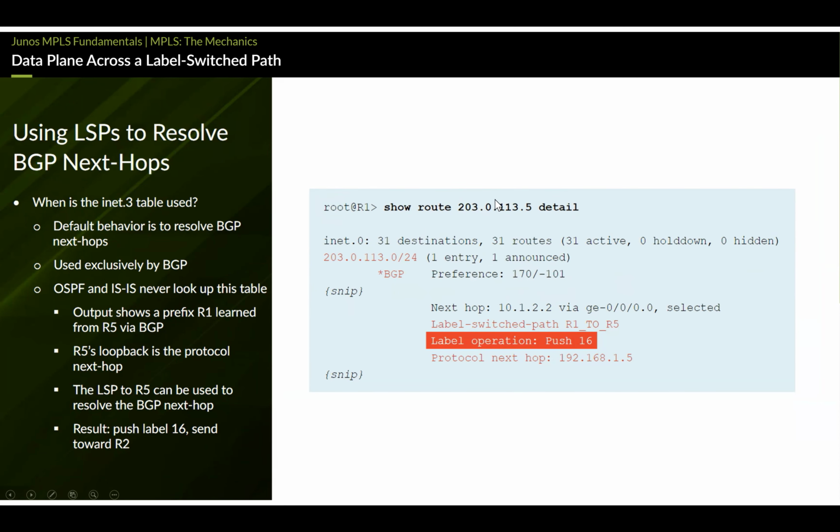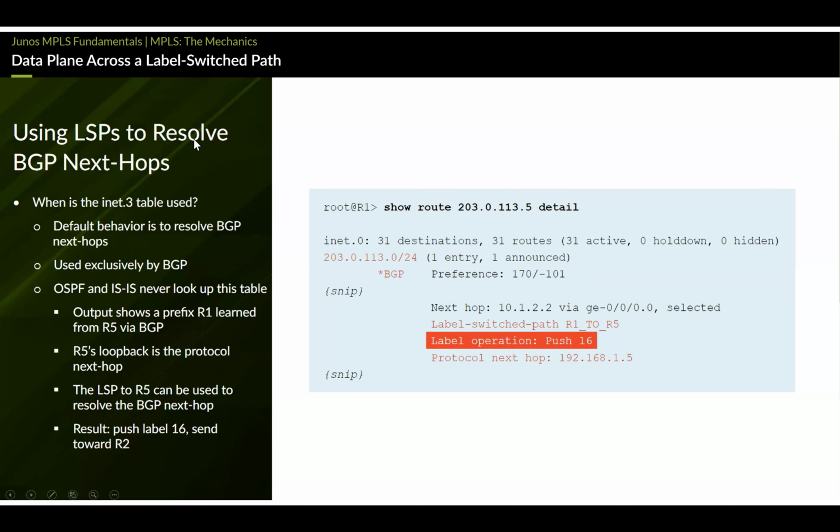Show route: this is the route table inet.0, and inet.0 will be connected with inet.3 if you configure BGP. Only the BGP protocol can communicate with the inet.3 table. No other protocols can communicate.